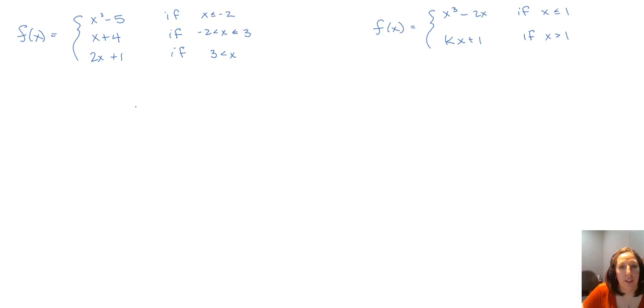Hello. In this video we're going to look at continuity as it regards piecewise functions. So when you have a piecewise function similar to the two that we have here on the screen, our function is broken up into pieces. Typically those pieces are polynomial.